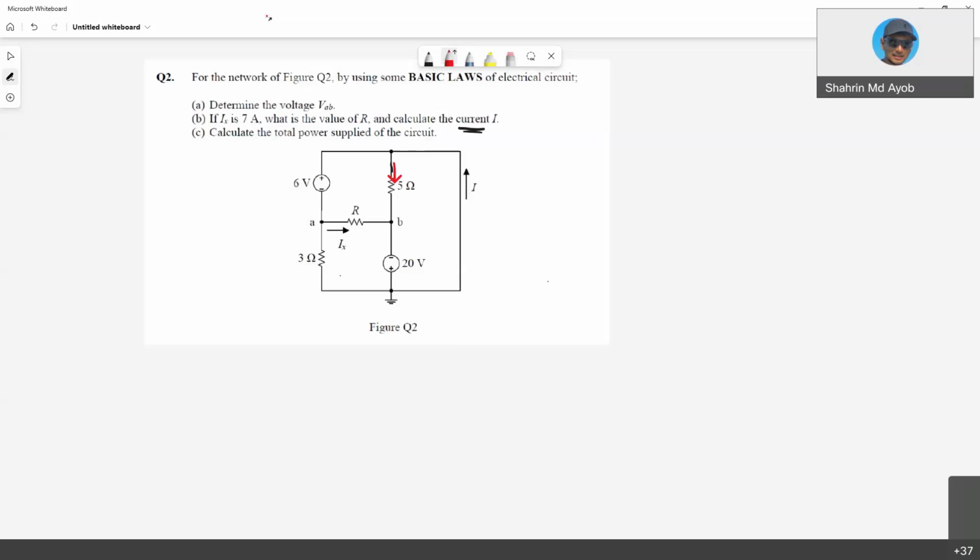This current direction is going down. And this direction is going here. So you need to define first the direction of the current. Do not change the direction of the current. You need to be consistent.